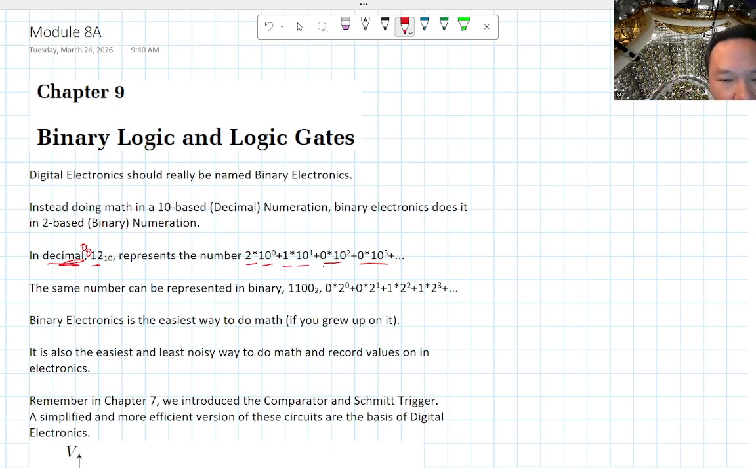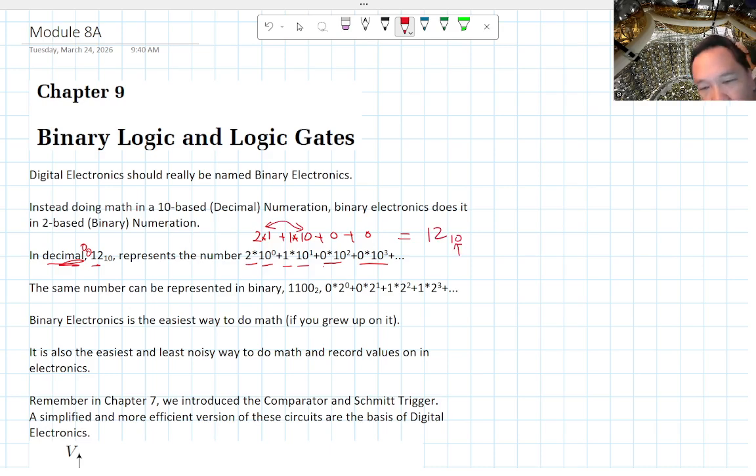When you add these numbers together, anything to the 0 power is 1, so this is actually 2 times 1 plus 1 times 10, plus 0, and when you add these together, that's how you get 12.